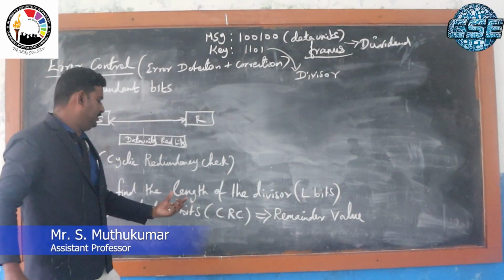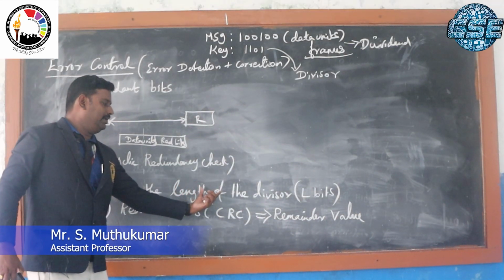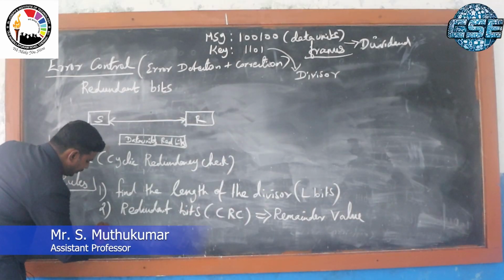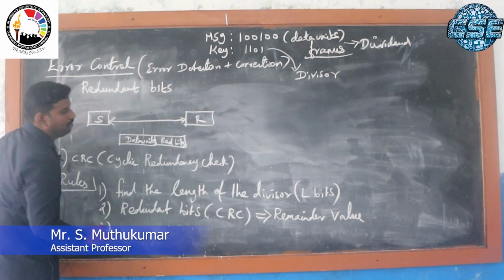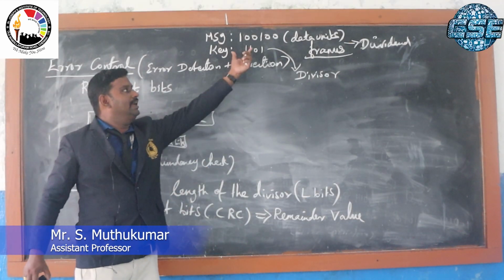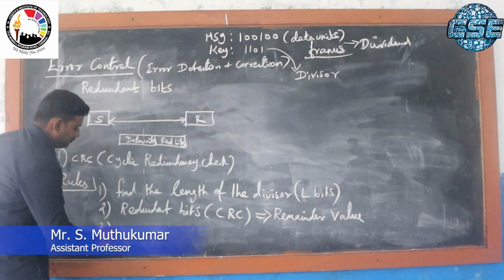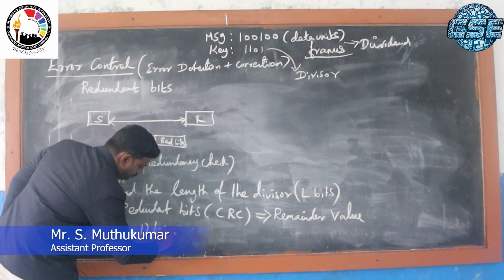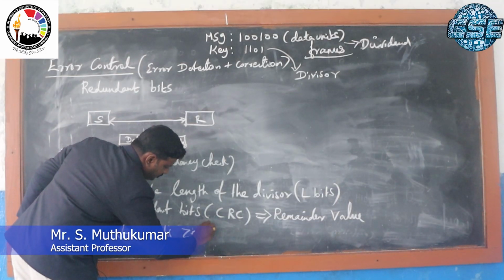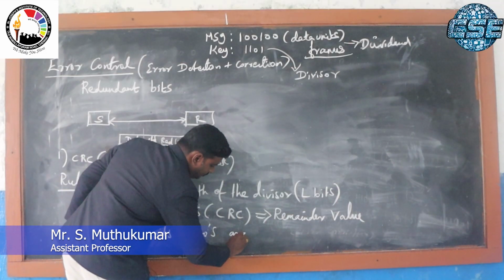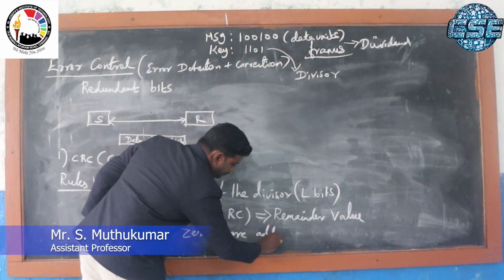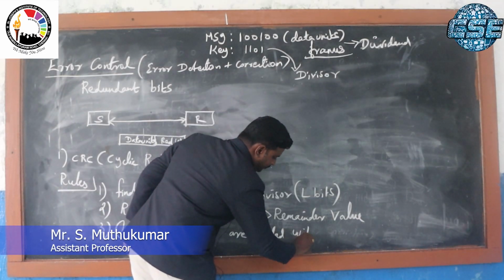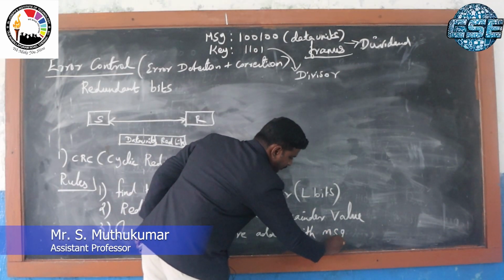Then what is the use of the length of the divisor? The length of the divisor is used to add the number of zeros to your actual message. So L minus 1 bits of zeros are added with the message.